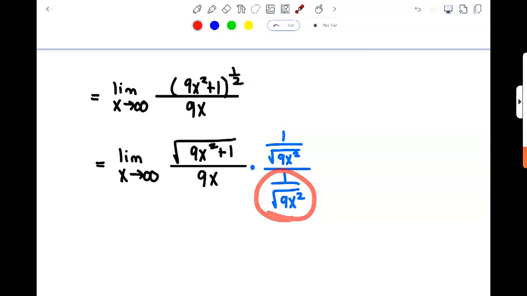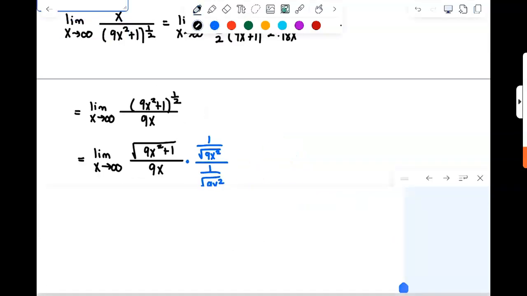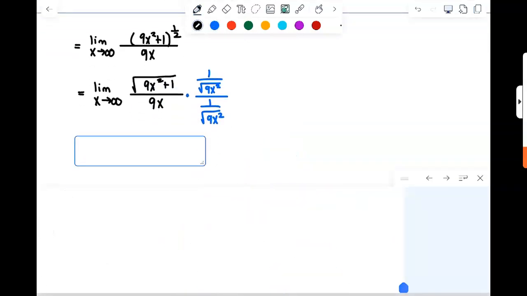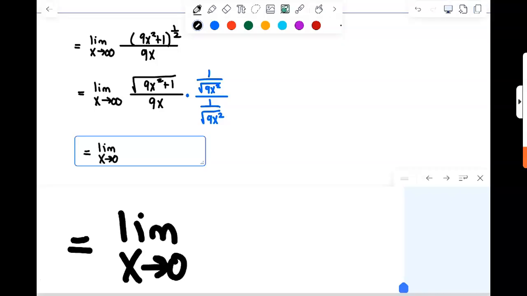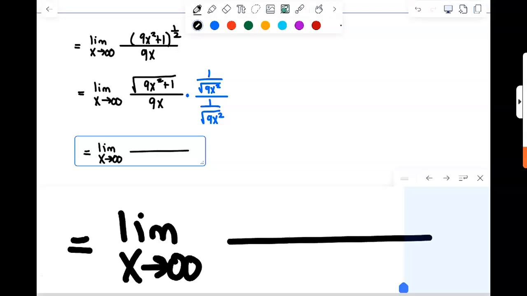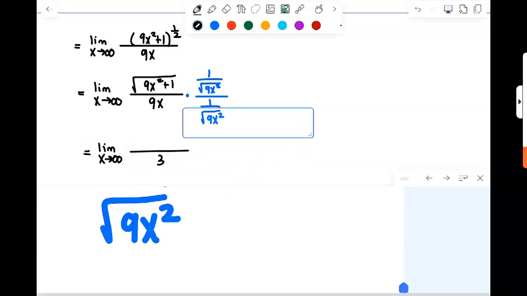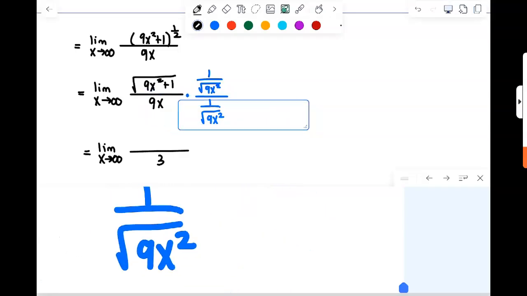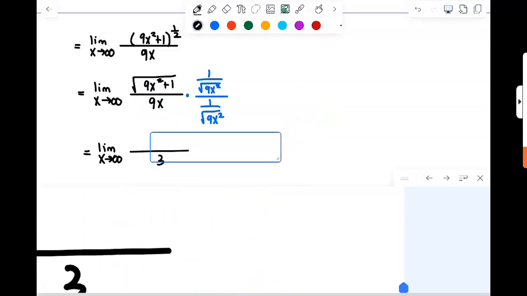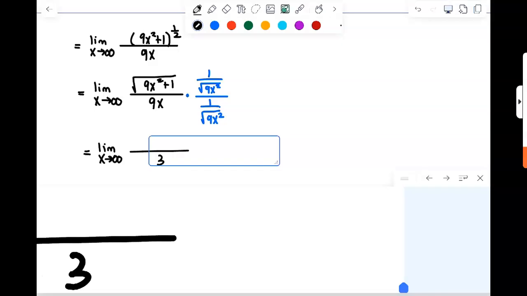And that 3x will cancel with the x there. So in the bottom, when I do this multiplication, I'm going to have limit as x goes to infinity of just 3 in the bottom. Because this is going to be 3x, the 3 and the 9 cancel to be 3, the x's cancel, and we just have a 3 in the bottom.